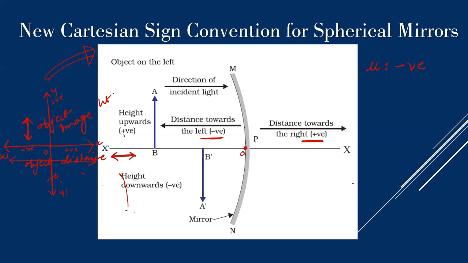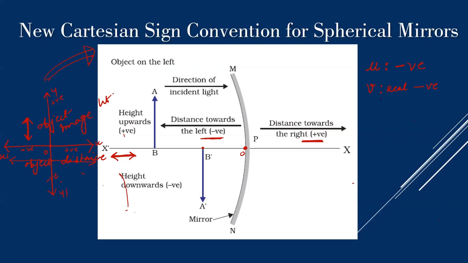Now the next thing, as far as the image is concerned, if the image is in front of the mirror, v will again be negative. So that means it depends on the type of image that is formed. If the image formed is a real image, v is going to be negative.